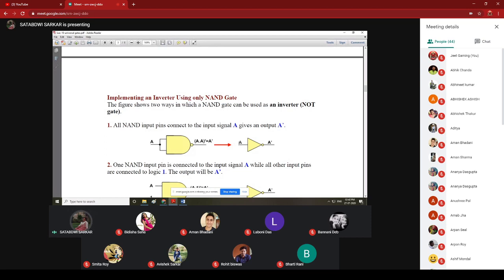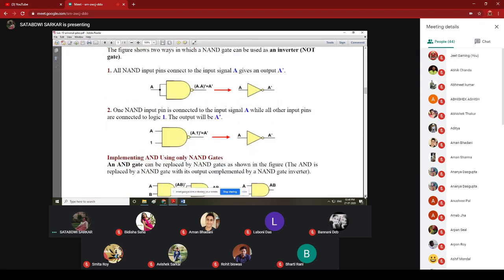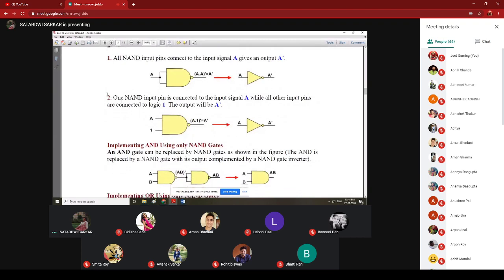If we say that A is the input, we will get A bar as the output. So this is the NOT operation using a NAND gate. In this way, one NAND input pin is connected to input signal A, while all other input pins are connected to logic 1, and the output will be A complement, that is A bar.